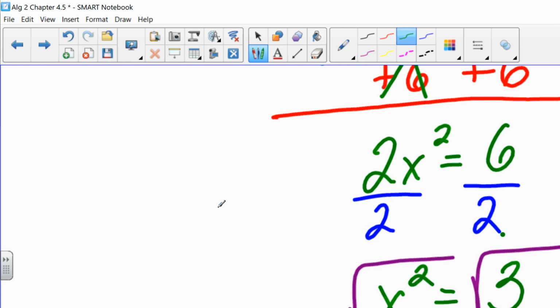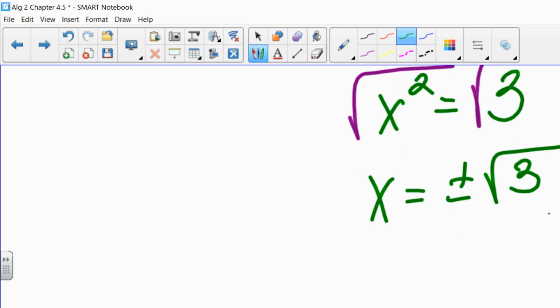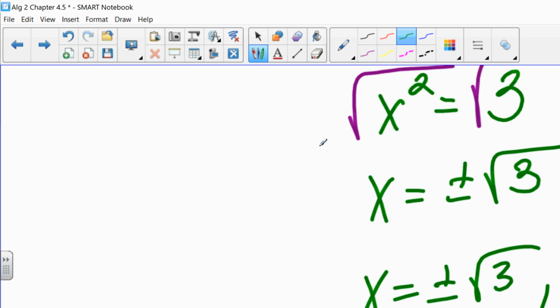Square root of x squared would be x is equal to plus or minus the square root of 3, because we can't simplify the square root of 3 any further than that. So really our solutions are x is equal to plus or minus the square root of 3, 0, and, well, we can say plus or minus 2.